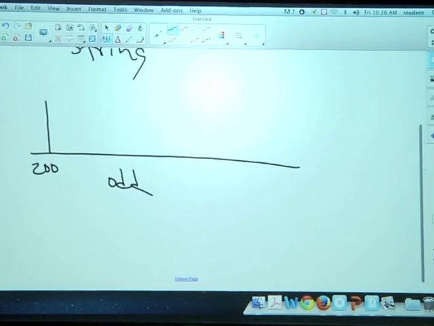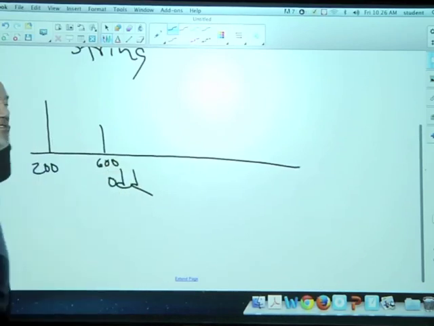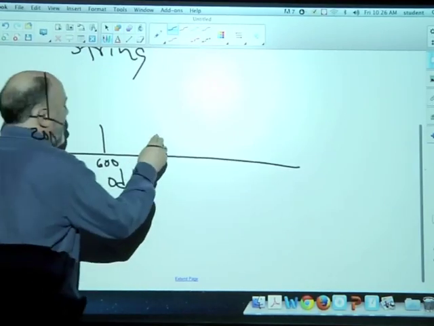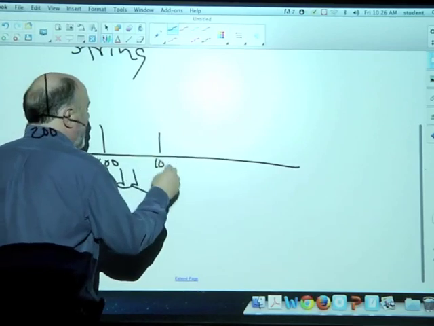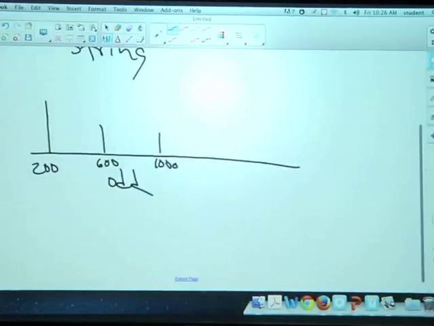We don't get the second, so 600. What's the next one after that? No. 1,000. Everybody likes to keep doubling. 1,000, right? Again, you get the odd harmonics.